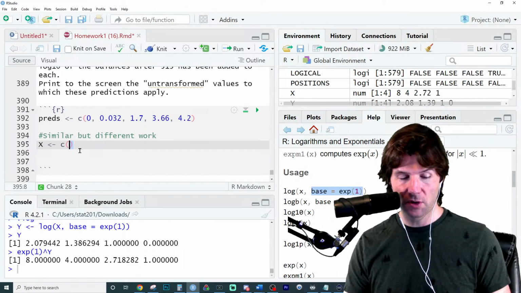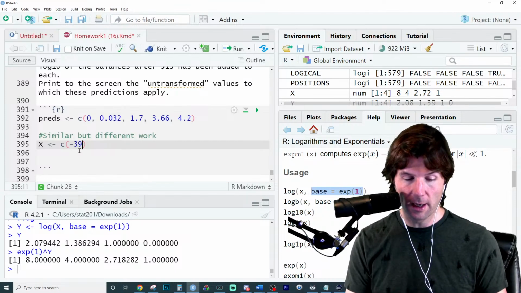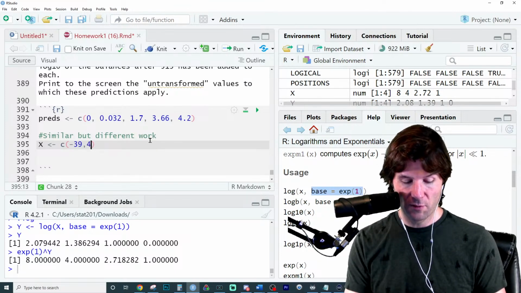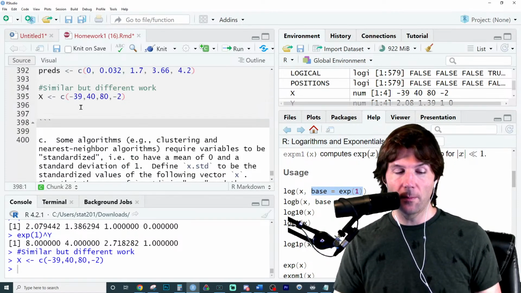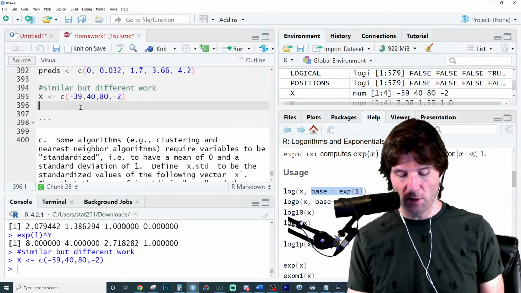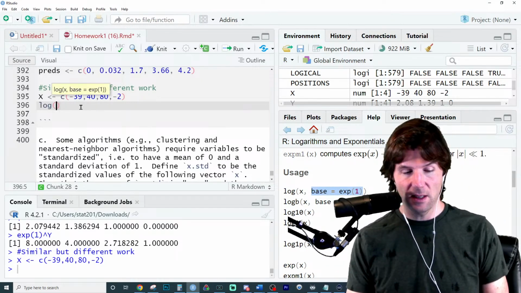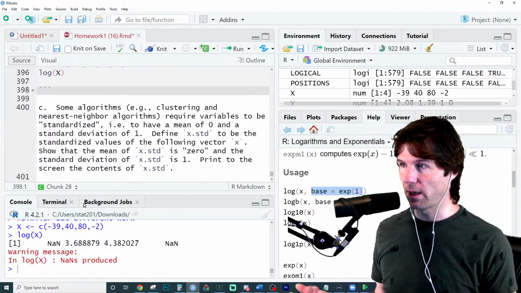And we're getting values something like negative 39, did I do 39? 40, 80, negative 2. So you might say, why don't you just log base e this? Remember, I am doing similar but different work. So log base e of X, we don't get values right there because you can't log negative numbers.